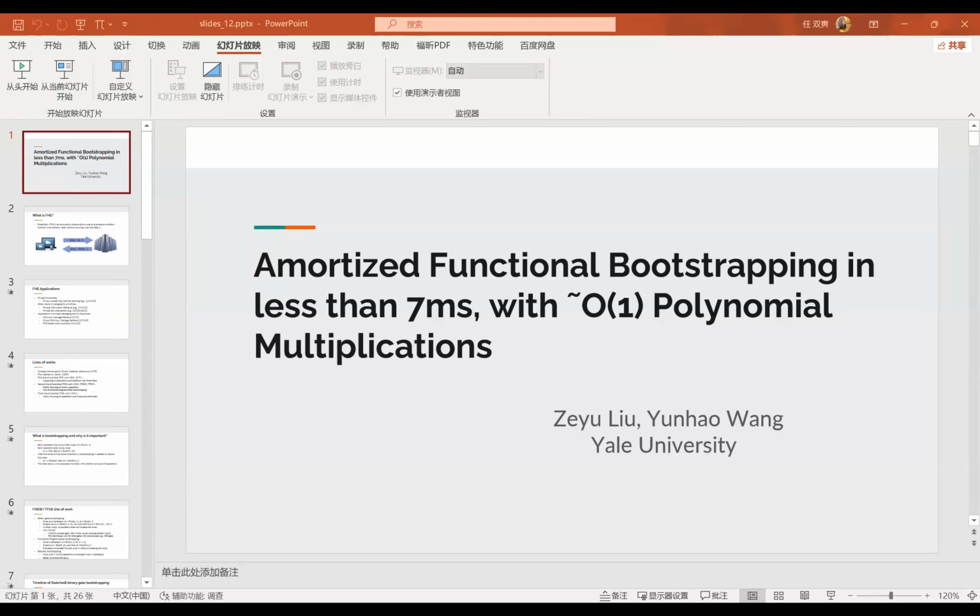The second important feature of the TFHE line of work is that it supports functional programmable bootstrapping. For simplicity, I'll just call it functional bootstrapping; it's equivalent.